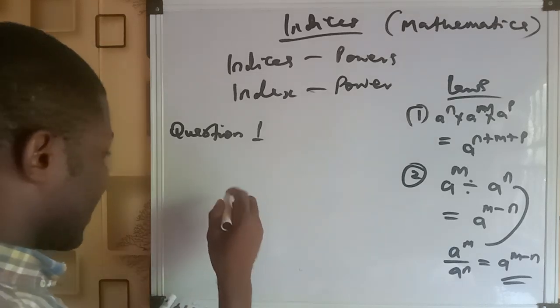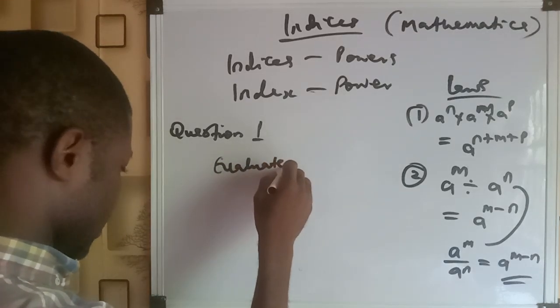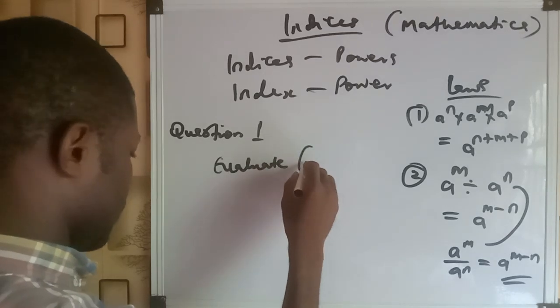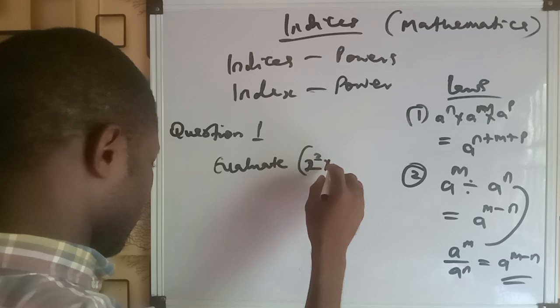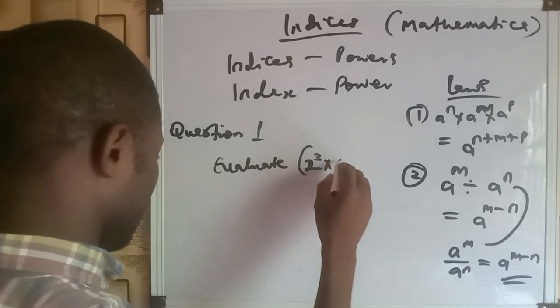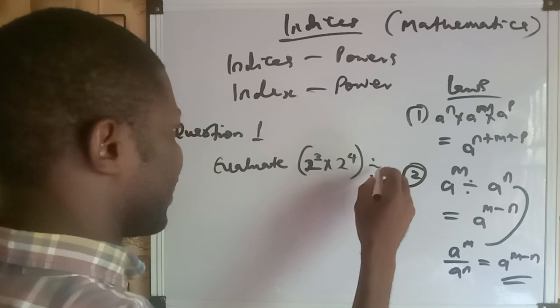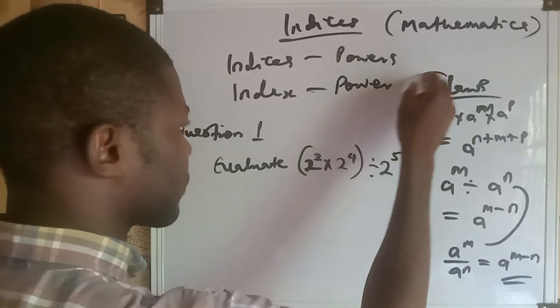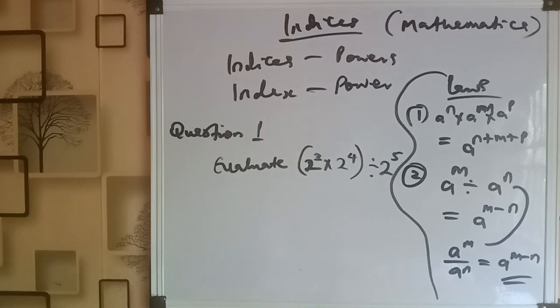Okay, so question one says evaluate. I will just write it the way it's written in the course. 2 power 3 times 2 power 4, close bracket, divided by 2 power 5. I'm not going to wipe away the laws because we'll be looking at them while we are solving this.